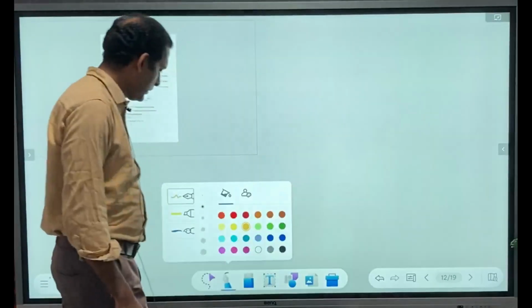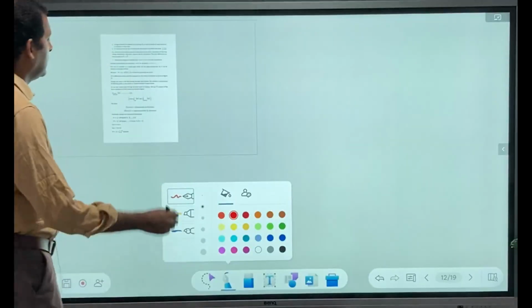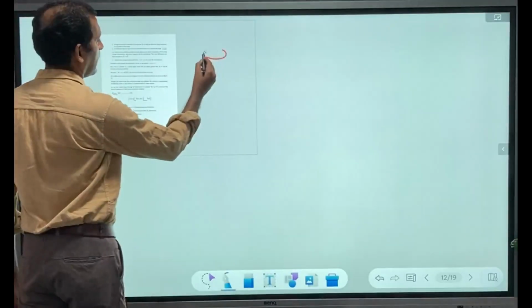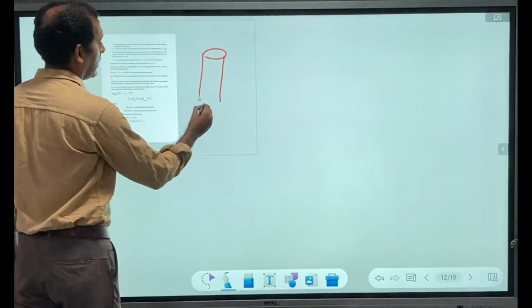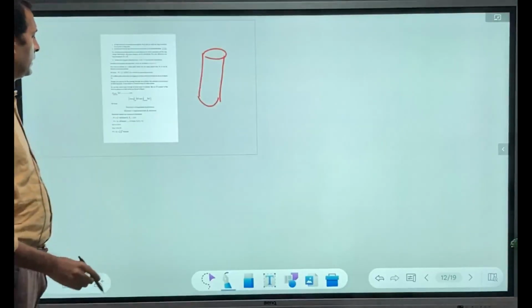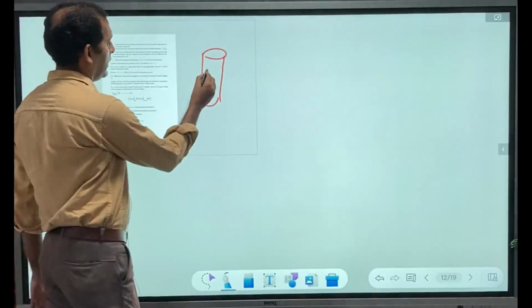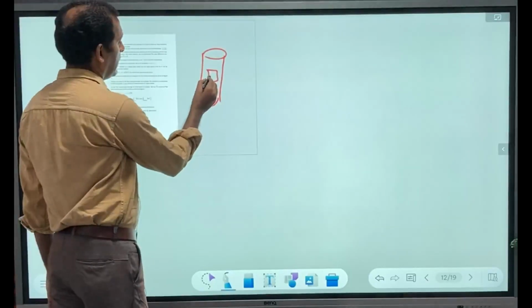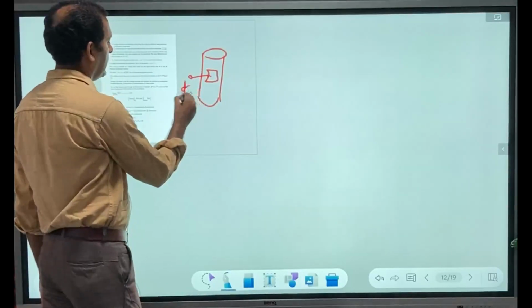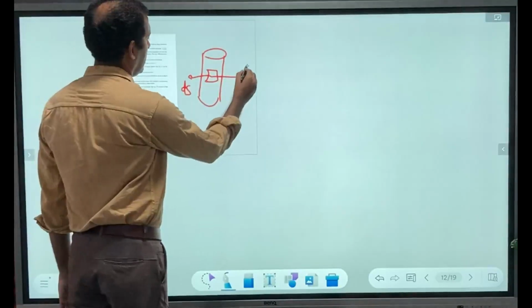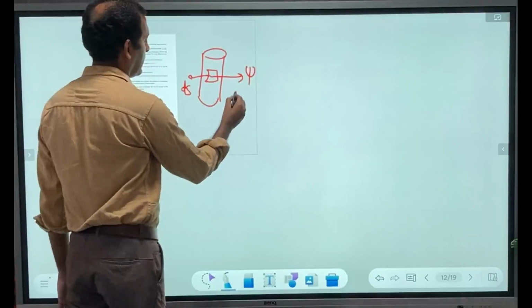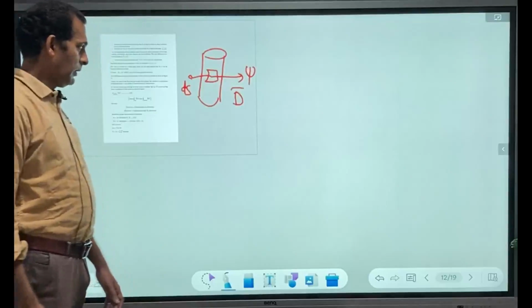So let us imagine one current carrying conductor is there. Say this is the current carrying conductor, and on its surface we will consider a small dS, out of which some psi or its D bar is passing.